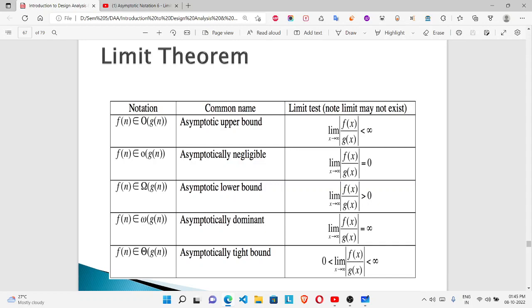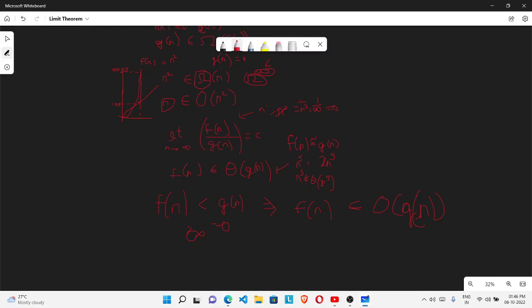If you get a constant, you write f of n belongs to theta of g of n. If you get infinity as the limit answer, you write small omega. If you get 0, you write small o. So whatever we discussed here, you write the same thing, but instead of big O, you write small o, and instead of big omega, you write small omega. This will work.